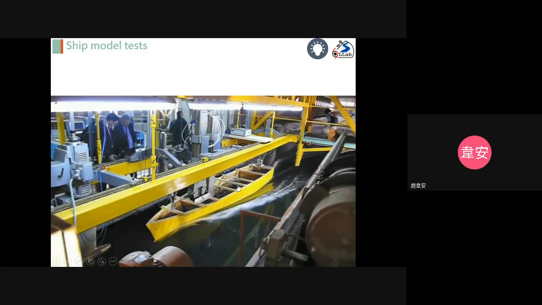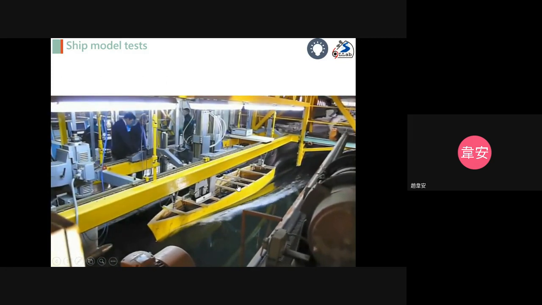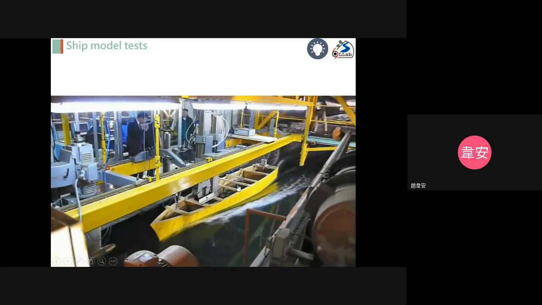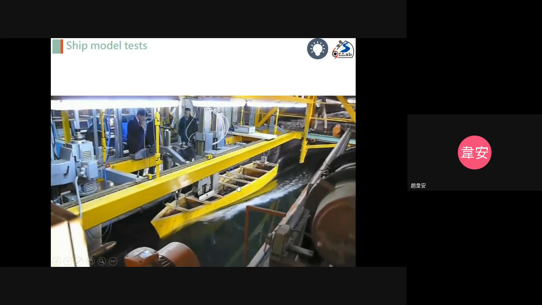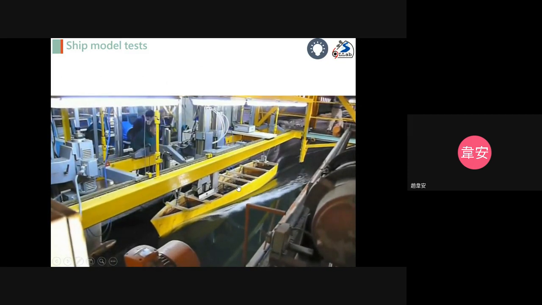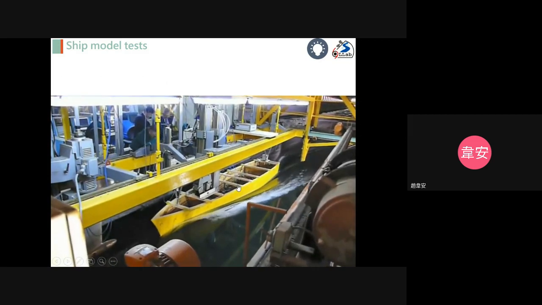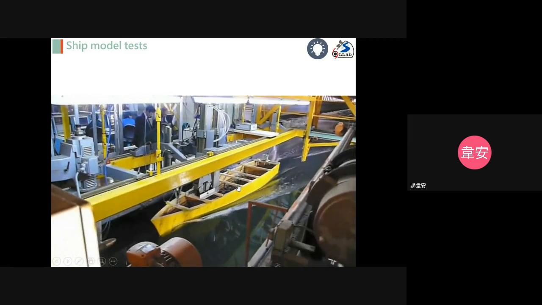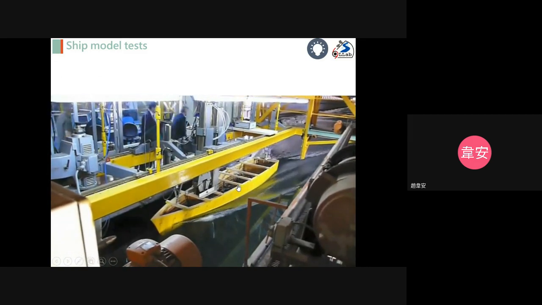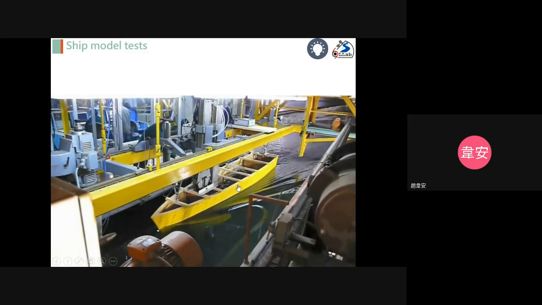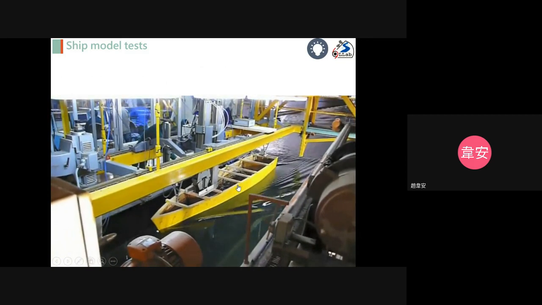Then they adjust different wind speeds, and a larger wind speed will induce a larger water wave around the surface of the ship. For the final purpose of ship model testing, we would like to reduce the resistance around the ship surface.